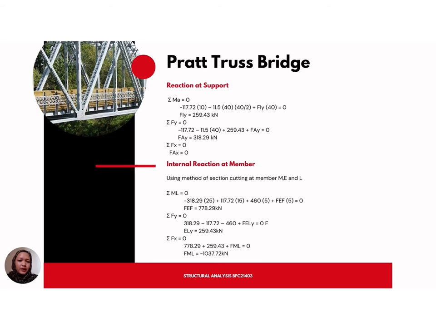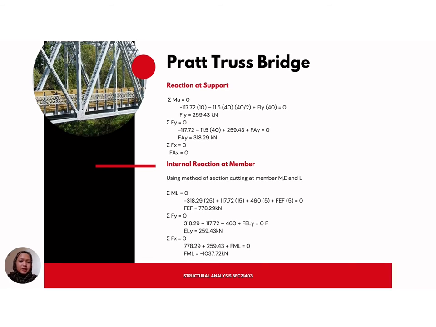For the reaction calculation, first we start with the reactions at the supports. We are using the 3 equilibrium equations, which are moment, Fy and Fx. Then for the reaction Fiy, we get 259.43 kilonewton. And then Fay, we get 318.29 kilonewton. And then Fax, we get 0.